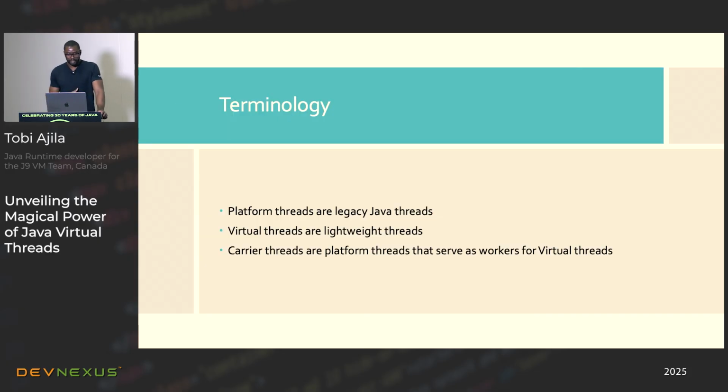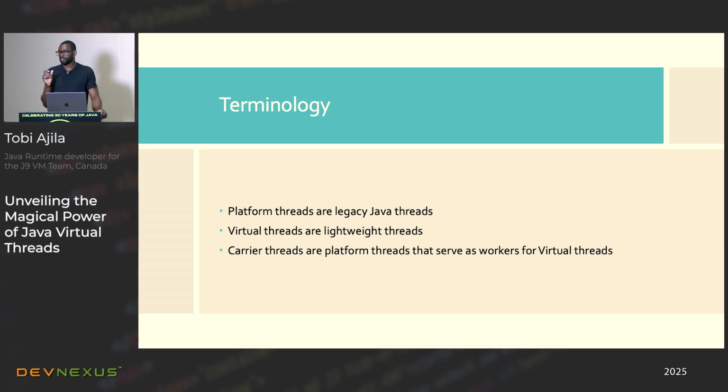So before we get started, I'll introduce some new terminology. For the purposes of this presentation, and I think this is official terminology now as of JDK 19, the legacy threads are now known as platform threads. So when you think of threads pre-Loom, those are platform threads.